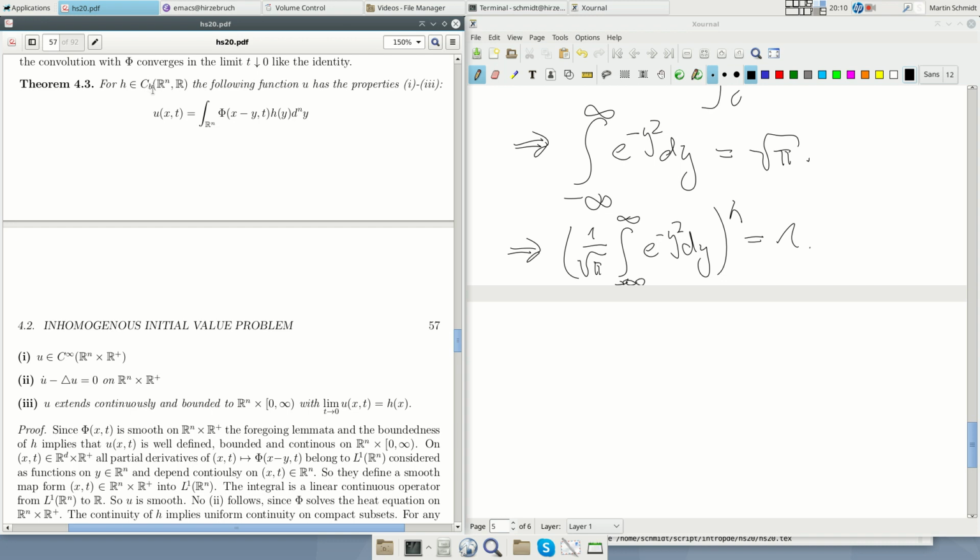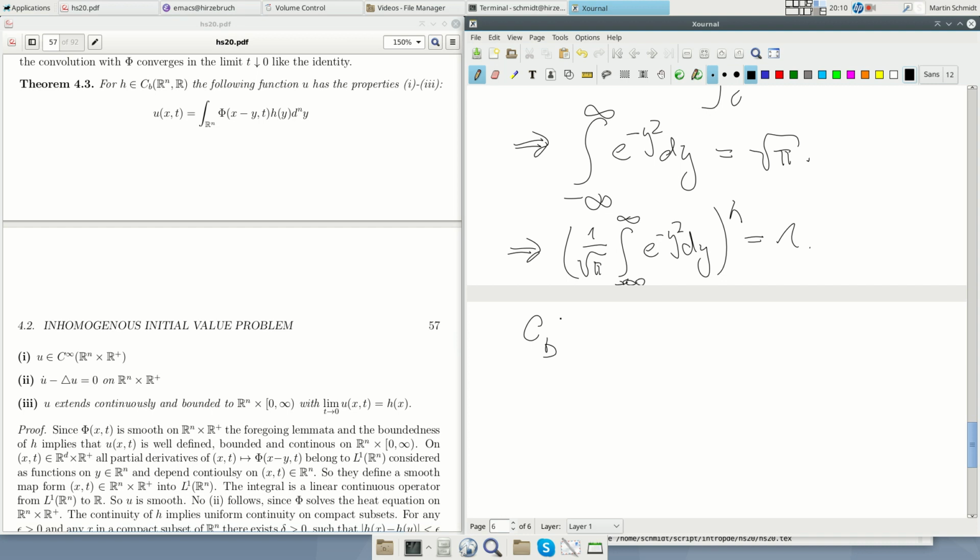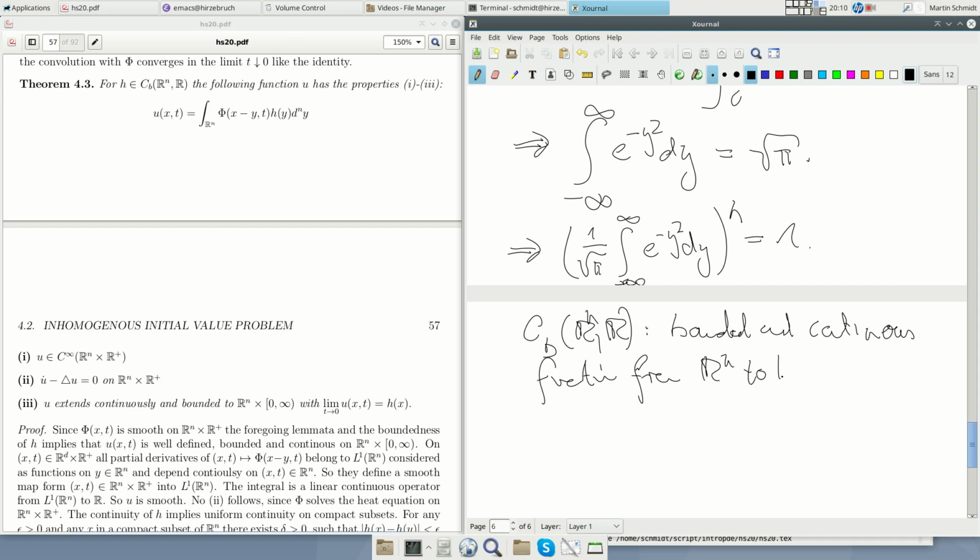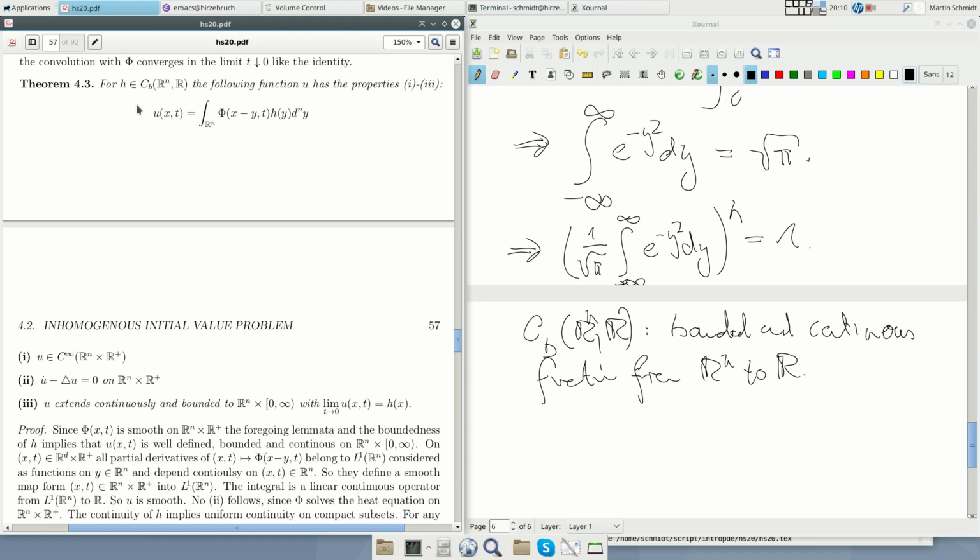CB of Rn are the bounded and continuous functions from Rn to R. Now the claim is, first of all, u is C infinity, then it solves the heat equation, and it extends continuously to the boundary, to t equals 0, the limit exists and is h.